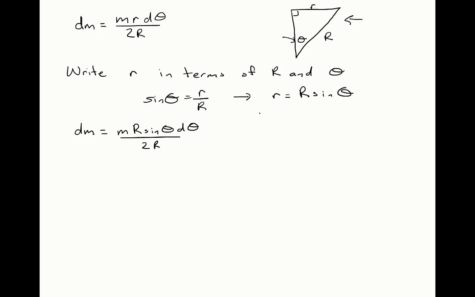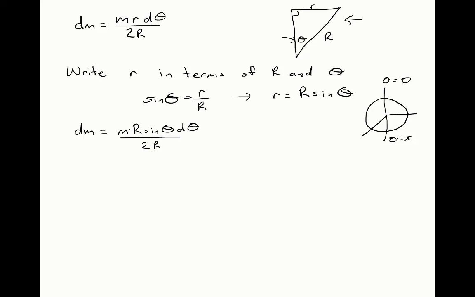Well, I just find it easier to think about. Theta runs from theta equals 0 to theta equals pi, so that'll cover the whole surface of your sphere. Whereas little r is going to start out at 0, eventually max out at R, and come back down to 0, and it's changing in a much more complicated way than theta is. So just thinking in terms of theta is actually a lot easier.